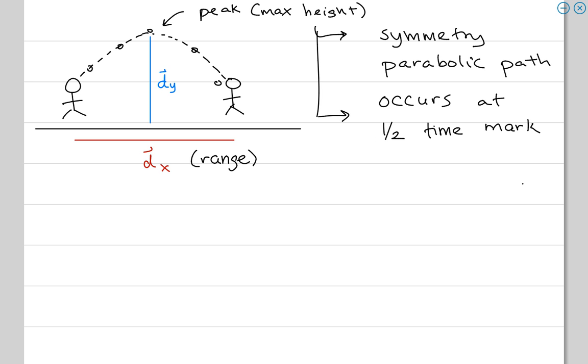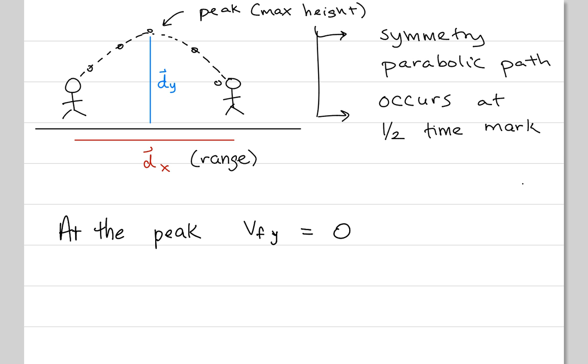And we can formalize that. So at the peak, the final velocity in the y component is 0. So is anybody confused by that? What does that mean?